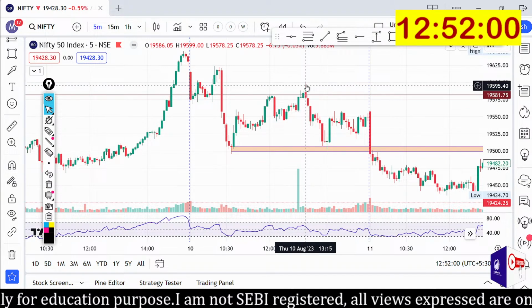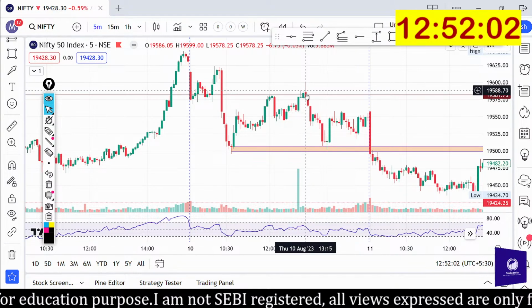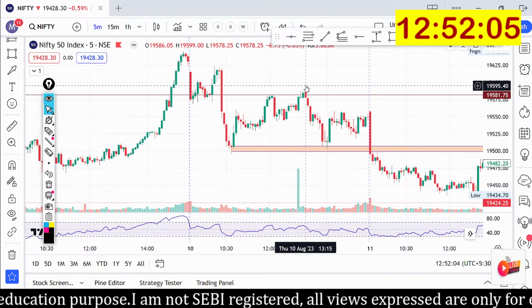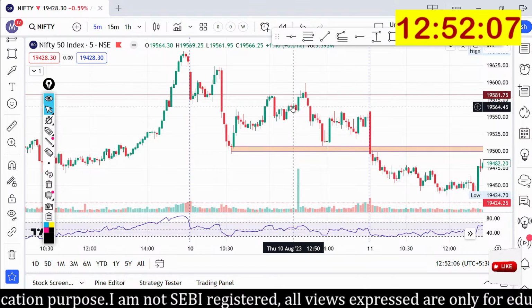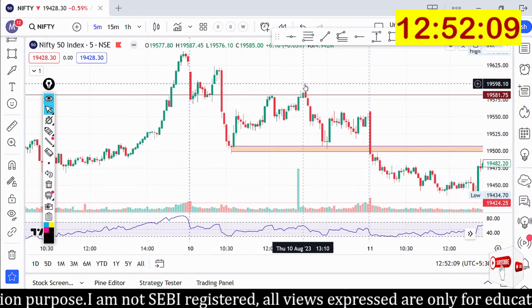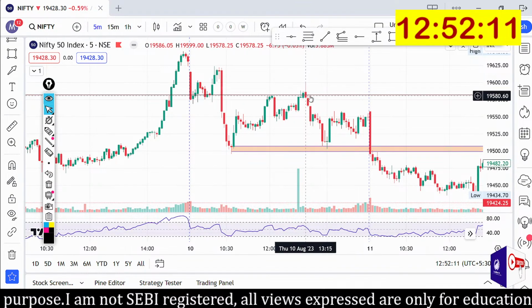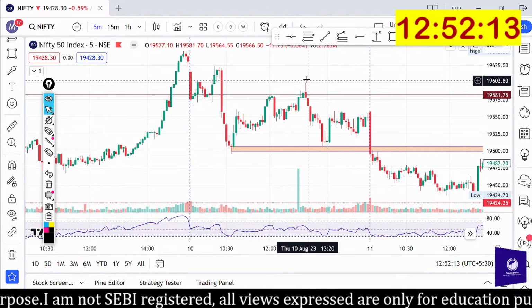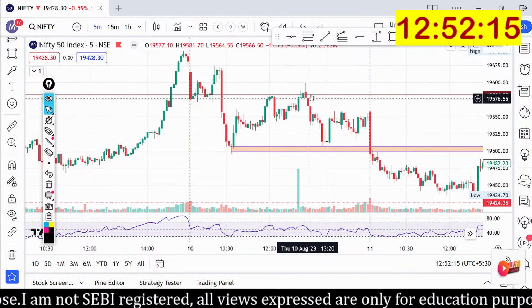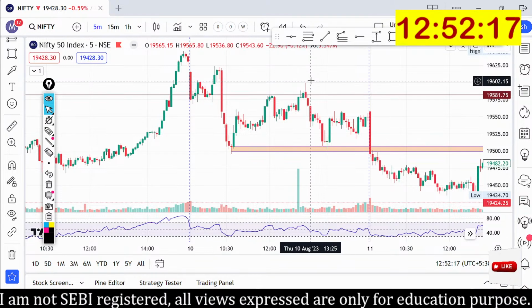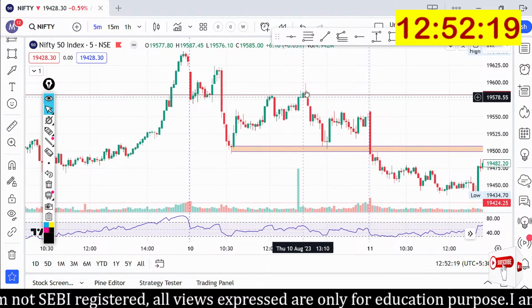Then we get one candle, which is an inverted hammer or a shooting star. That shooting star at the resistance, just like Lalit had spoken in the starting, that at the resistance, whatever candlestick patterns are happening at the support and resistance, this candle is important.